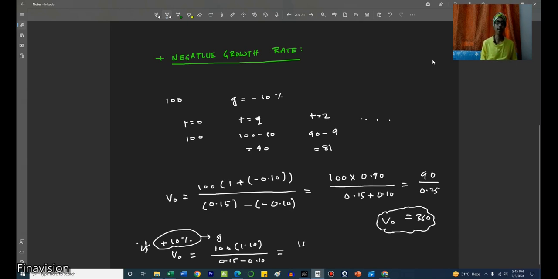This value would be 110 divided by 0.05, which is 2200. So you can see the drastic difference in valuation. This is plus 10%, this is minus 10%. Just because the growth rate is negative, the value has become drastically less. We can see this through this example, right?